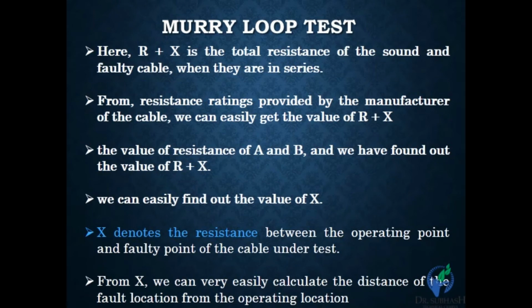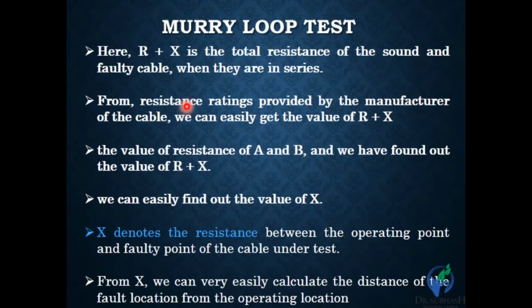So what is R plus X? R plus X is the total resistance of the sound cable and faulty cable. We know the resistance of the sound cable and the total resistance of the faulty cable from the manufacturing companies, from the data sheet of that cable.